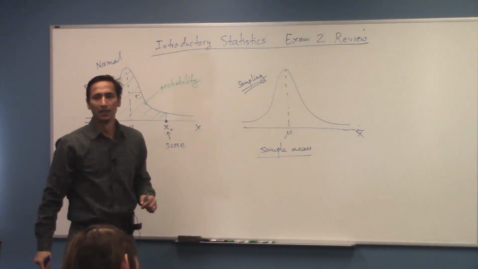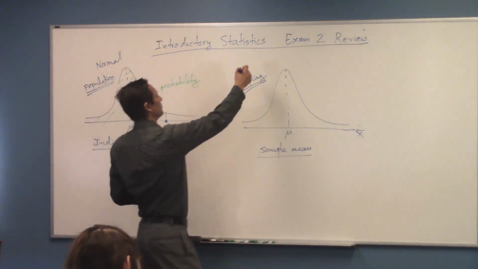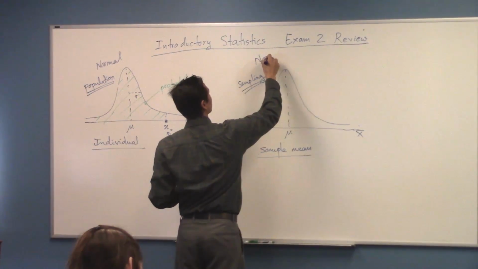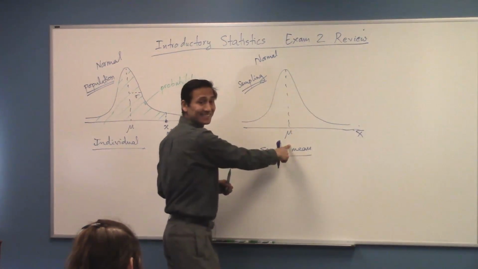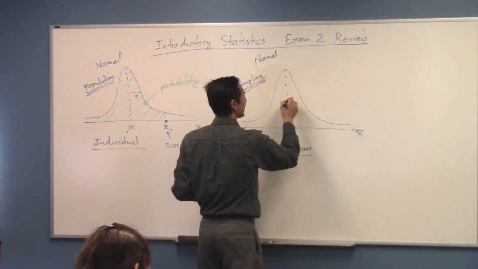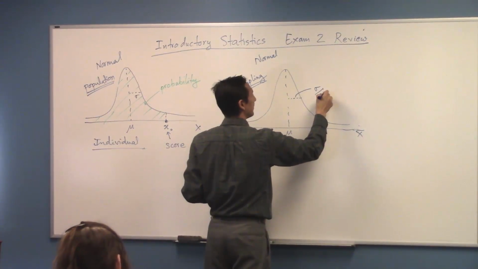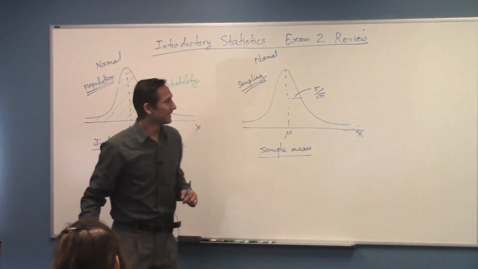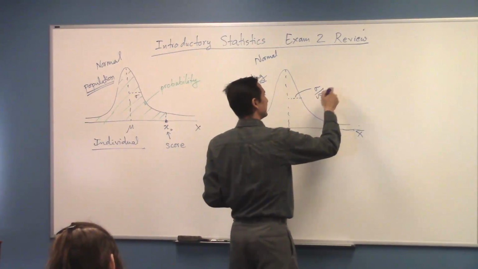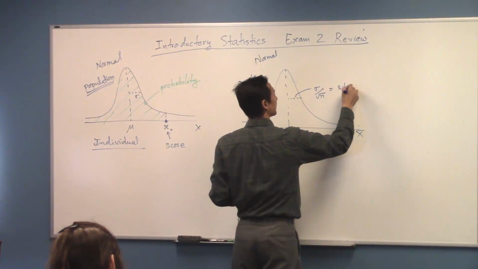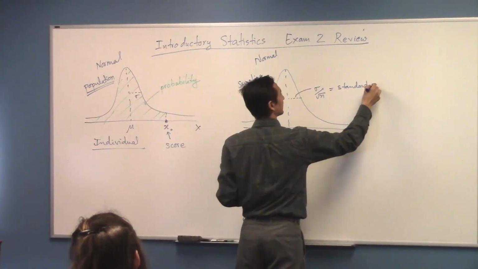It's still normal, and still the same mean, but the standard deviation is going to be different. It will be divided by the square root of n, and this is actually called the standard error.